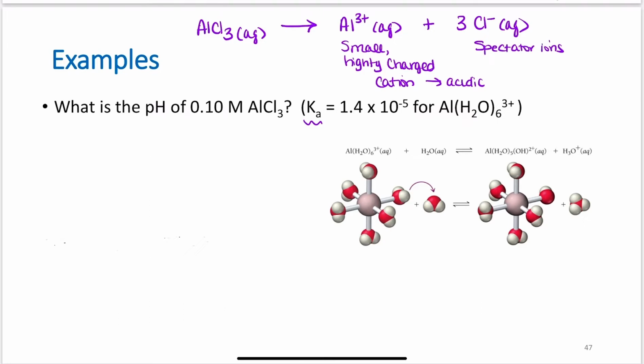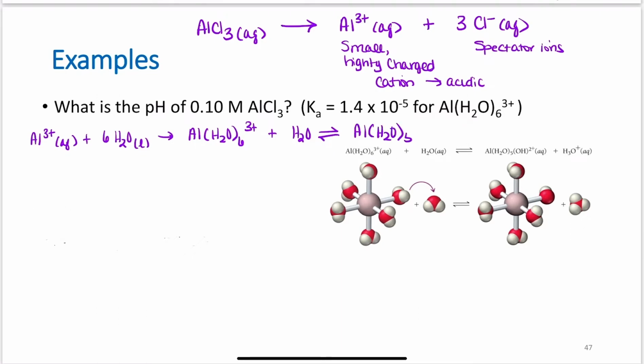So then the aluminum 3+ reacts with 6 water molecules to form the coordinated complex Al(H2O)6 3+. That complex then reacts with water to form an equilibrium with Al(H2O)5(OH) 2+, aqueous, and H3O+.